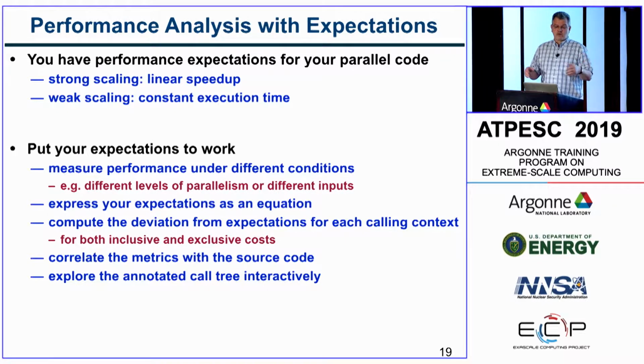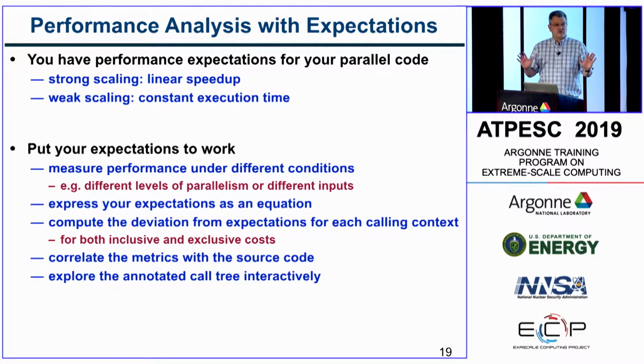So either you're strong scaling, where you're just increasing the number of processors and we expect the time to decrease proportionally, or you're weak scaling, where you're doubling the number of processors and doubling the size of the problem, in which case we expect the time to be roughly the same.